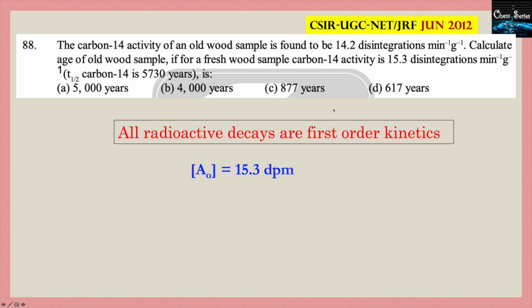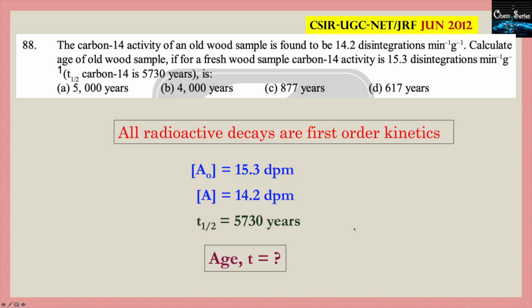So your initial concentration is 15.3 disintegrations per minute per gram, which can be written in short as dpm. And the concentration of the reactant at an old time, at any time, is found to be 14.2 dpm. And they have also given the t half of carbon-14 to be 5730 years.